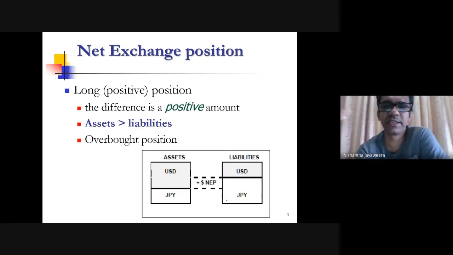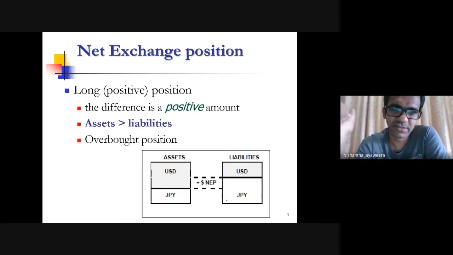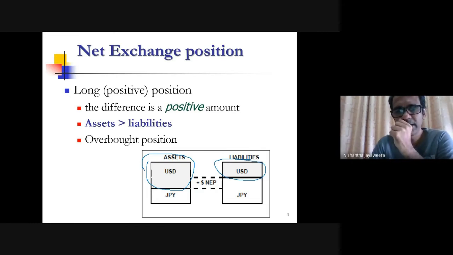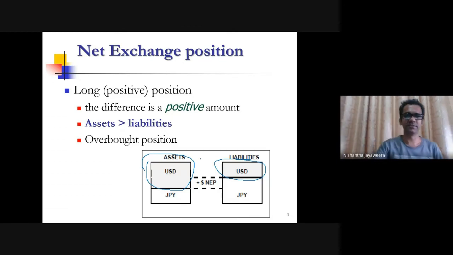Now, when we calculate the net open position in dollars, we consider only the assets in dollars and liabilities in dollars. So in this case, you would get a long position in dollars because you have more assets than liabilities in dollars. Is it clear? The net or the difference is a positive figure.